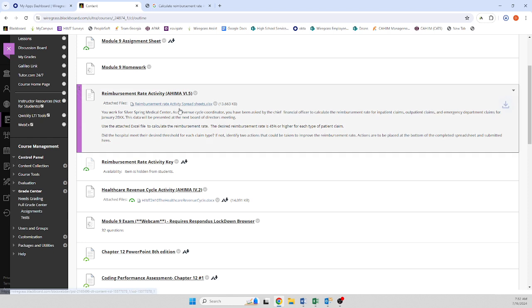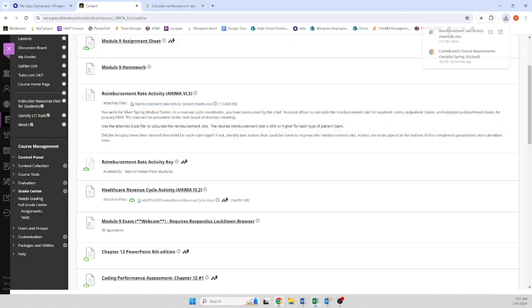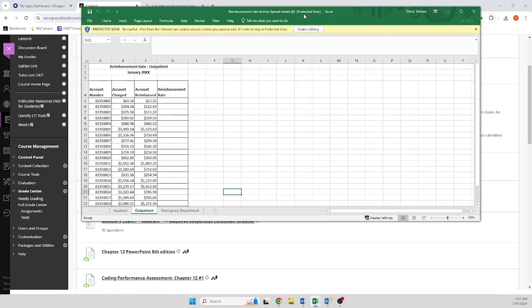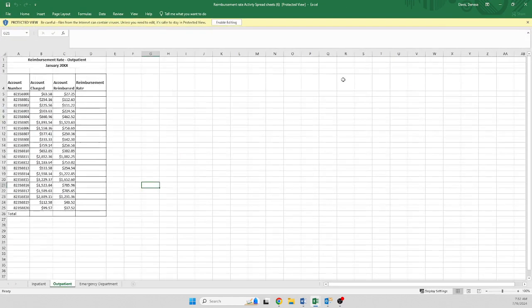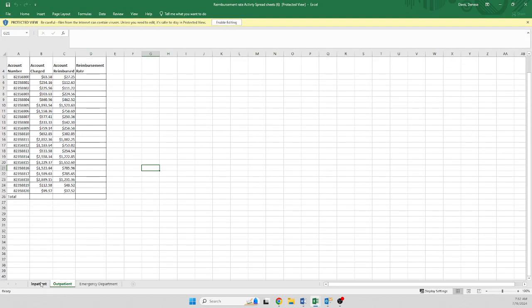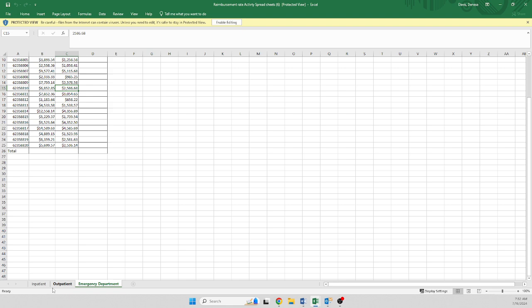Okay, so let's look at our sheet here. So we have 3 tabs: inpatient, outpatient, and the emergency department.